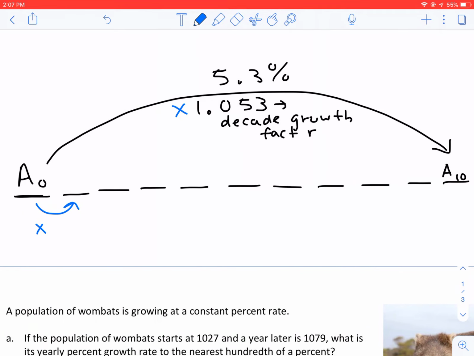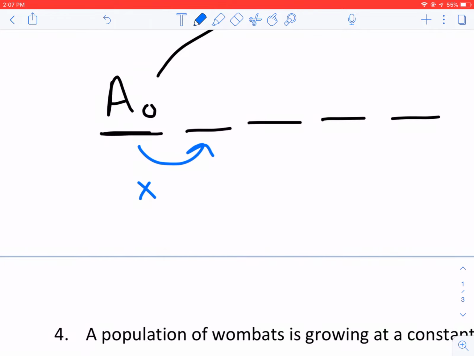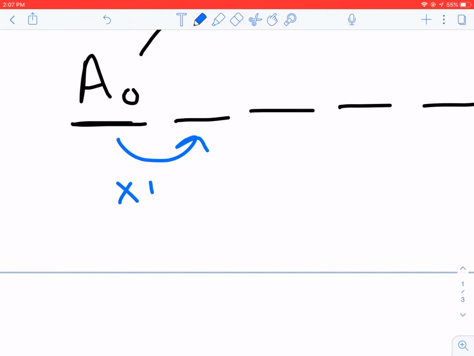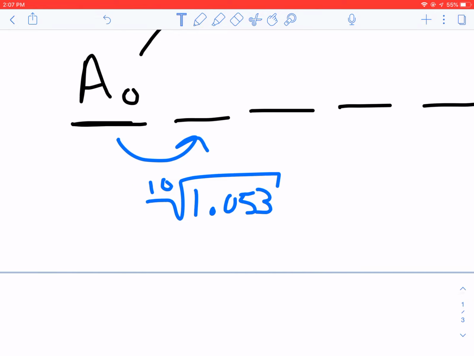So again, think about it. I'm multiplying to go from here to there by this number. What would I multiply by each time if I had to take 10 steps? Alright, so the answer is going to be the 10th root of 1.053. Right? I would multiply by this amount.